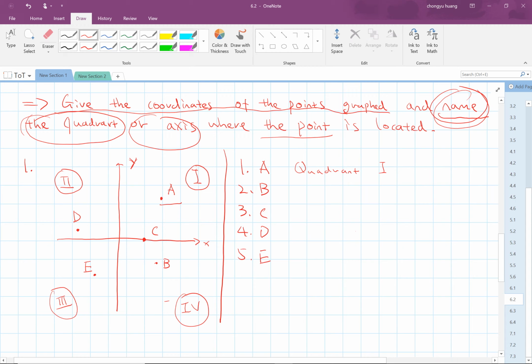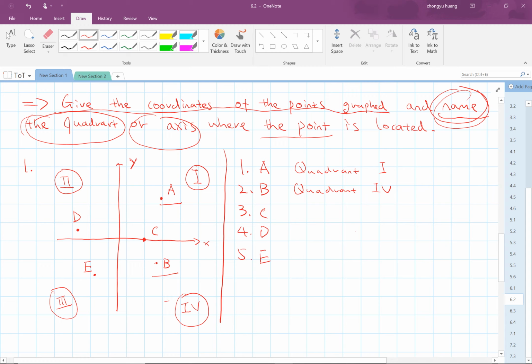Let's take a look at the position of point B. Point B is also located on quarter 4, and let me write it on quarter 4.